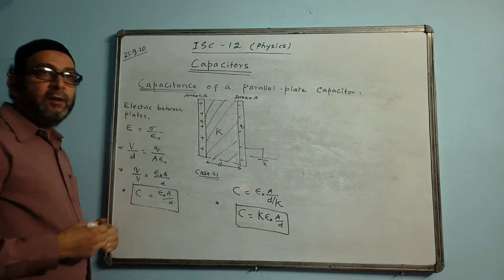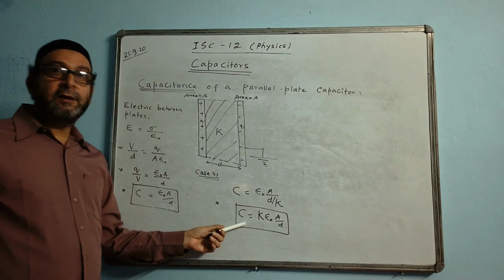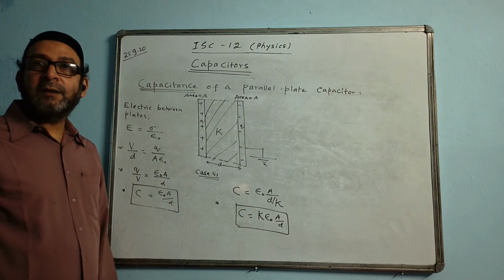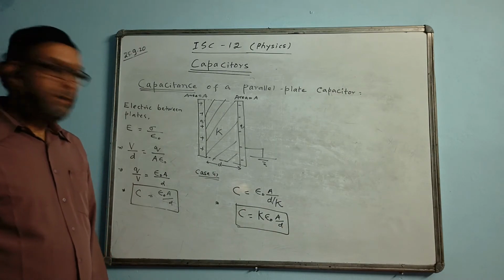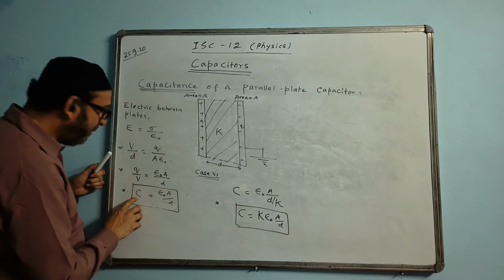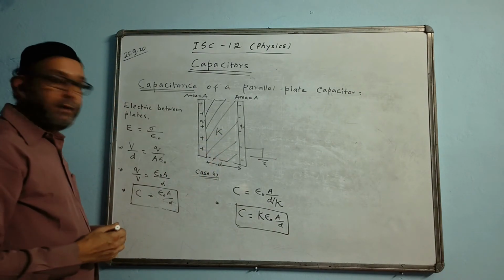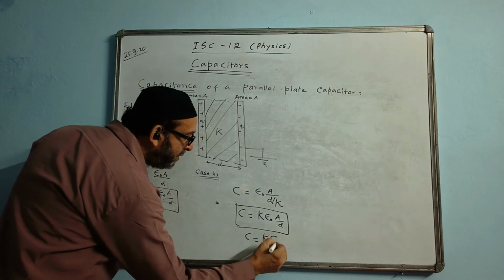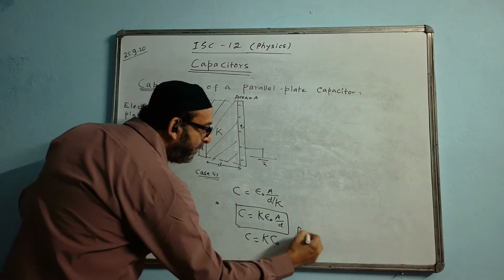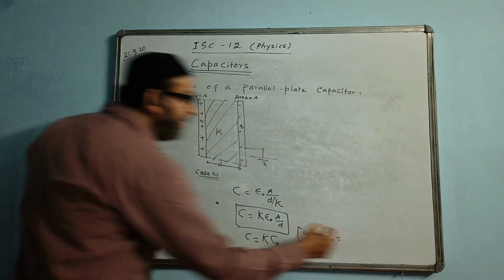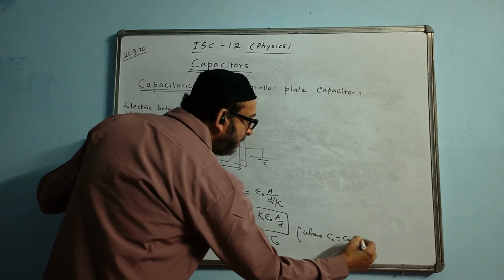So this becomes a formula. That means your capacitance will increase by K times, where capital K is the dielectric constant. This portion is the formula for when there was nothing there, when there was air. So we can write C is equal to K times C0, where C0 is the capacitance in presence of air.